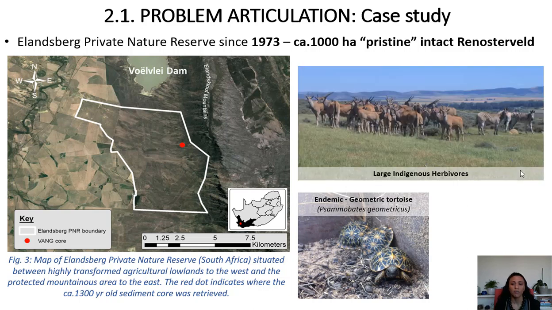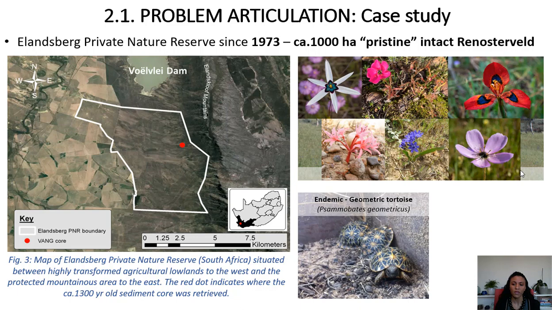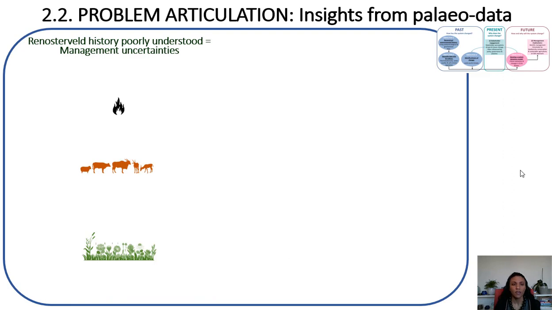Later on, large indigenous herbivores were reintroduced into the area because they had been displaced a few hundred years ago. And it has this huge diversity in plant species. But despite the amazing conservation and ecotourism practices at the nature reserve, there are still management uncertainties. And this is largely due to the poor understanding of renosterwald history because so much of it has been transformed.